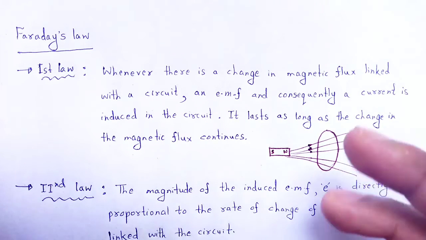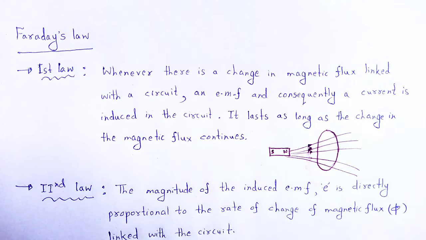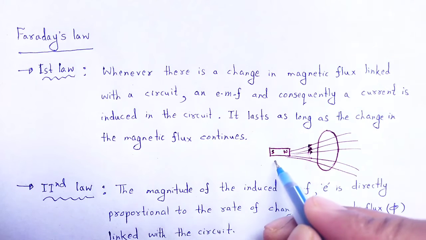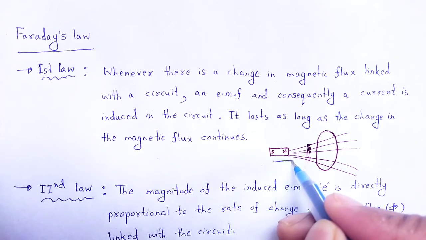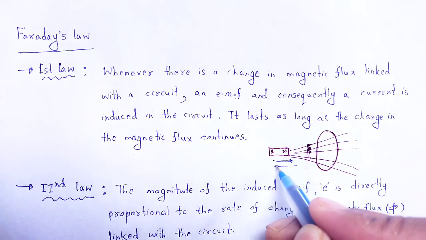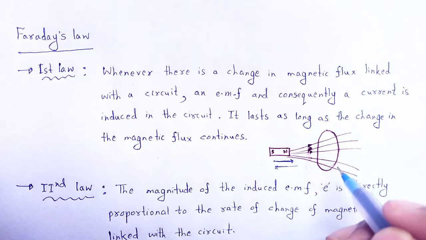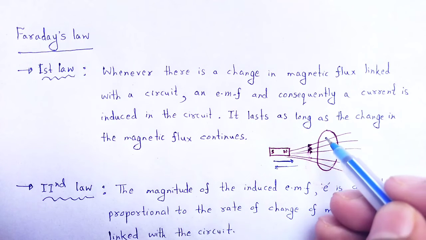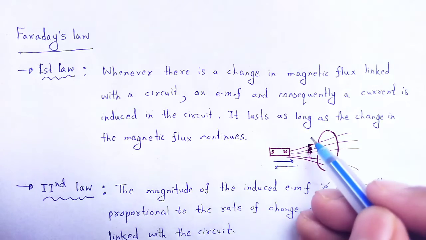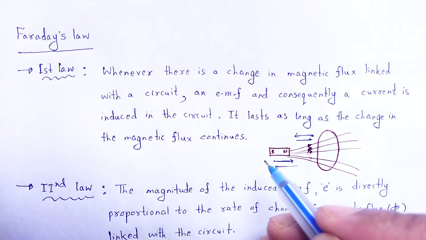The change in magnetic flux occurs either if I move that magnet from this direction to that direction, so the magnetic flux linked to that coil changes, or I can move that coil from this direction to that direction.